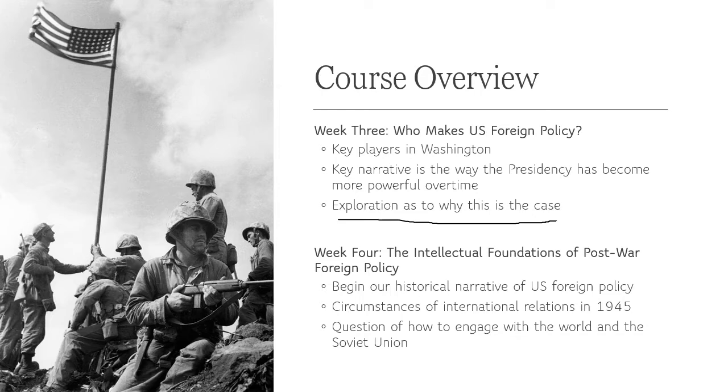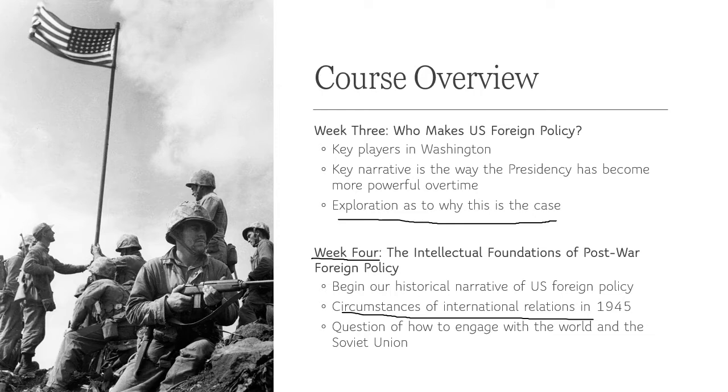In week 4, as we move down to the slide here, we'll begin a historical narrative of US foreign policy and how this developed after the end of the Second World War. This week we'll look at the circumstances that the US faced with the winning of World War II, and the immense problems this created.